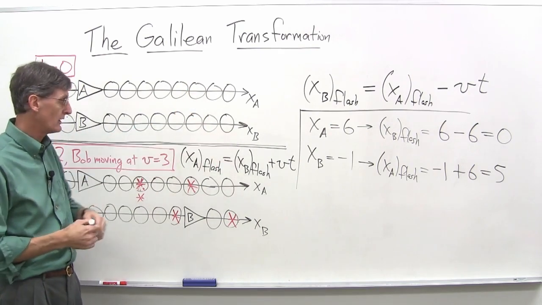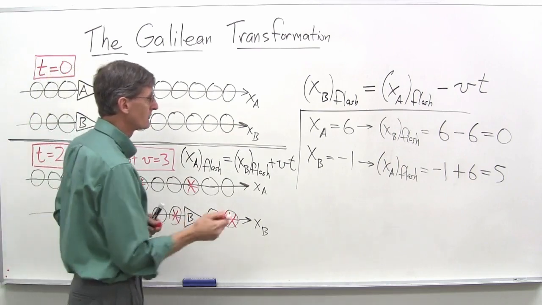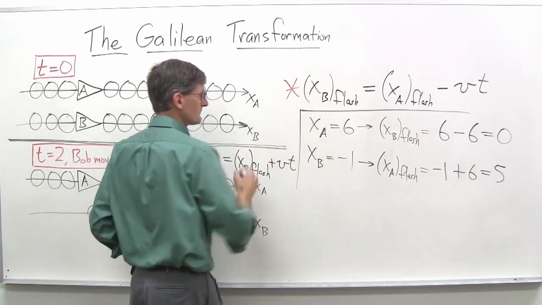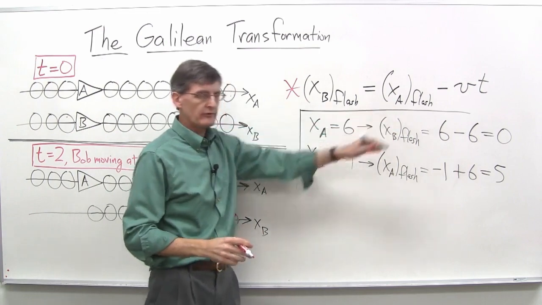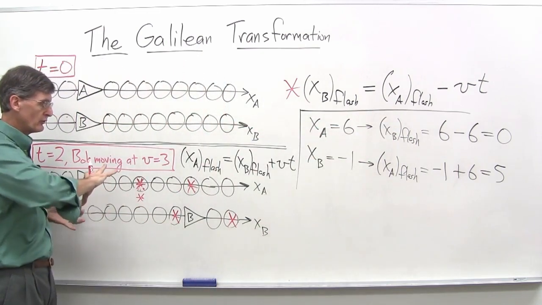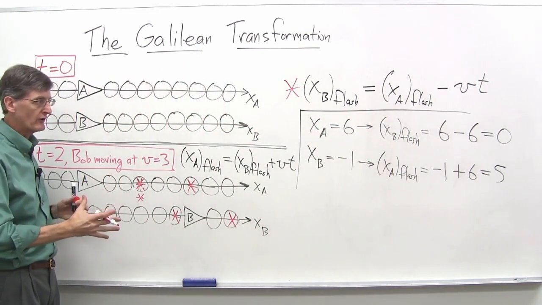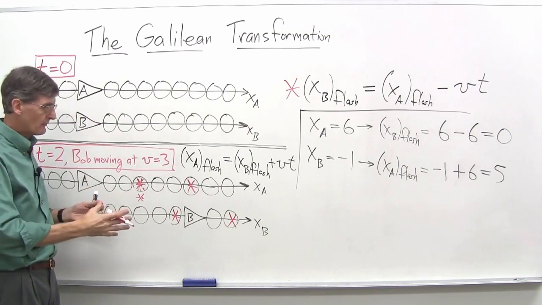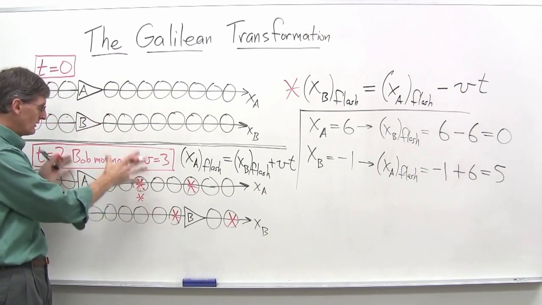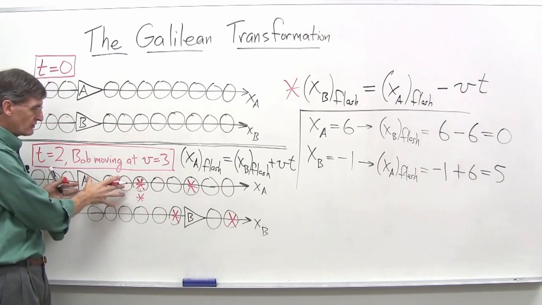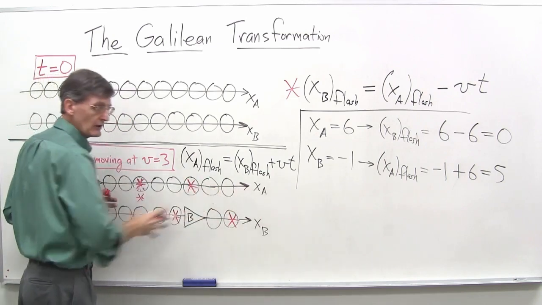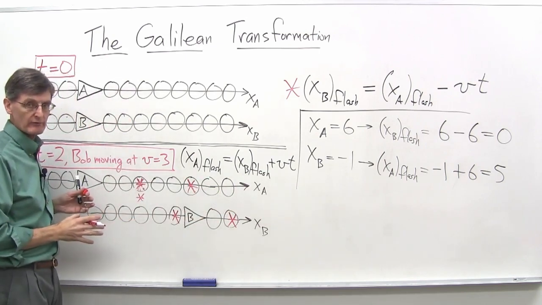We have two equations now. So here are the two key equations. There's this one right here. This assumes, and it's helpful to fix this in your mind so that you get the minus signs, that the standard situation here is Alice stationary, Bob moving to the right at a certain positive velocity.